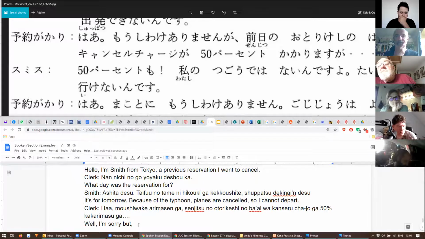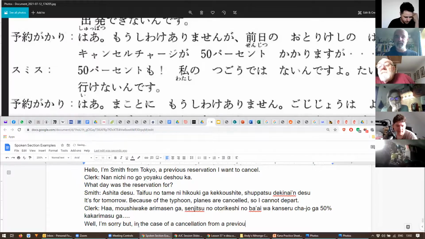So again, this means a previous reservation, another day, previous days. It says a few days ago. The previous torikeshi. So this is just an honorized torikesu. In the case of the previous cancellation, or cancellation from a previous reservation.